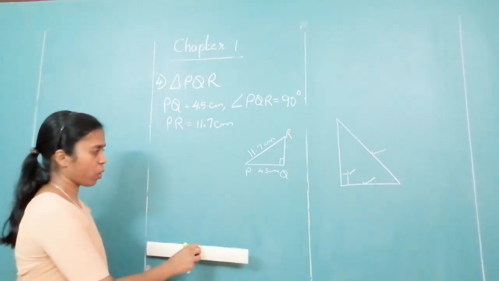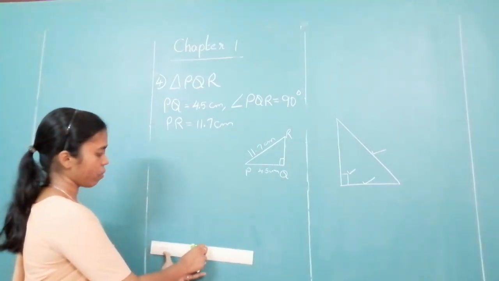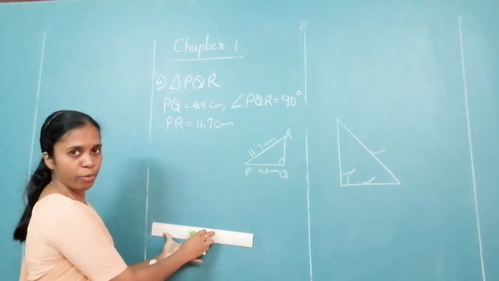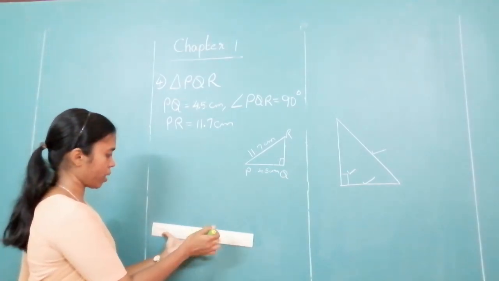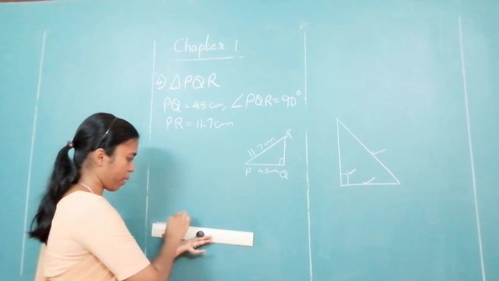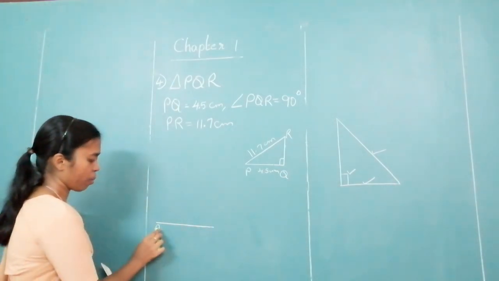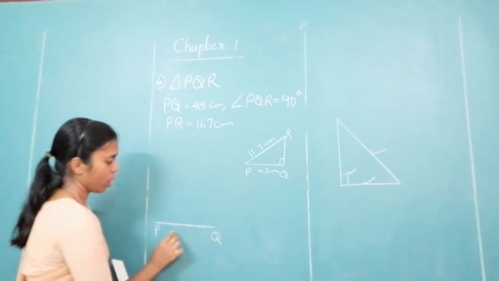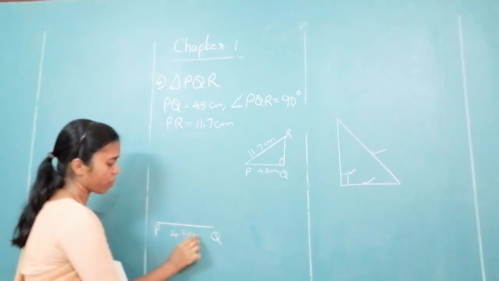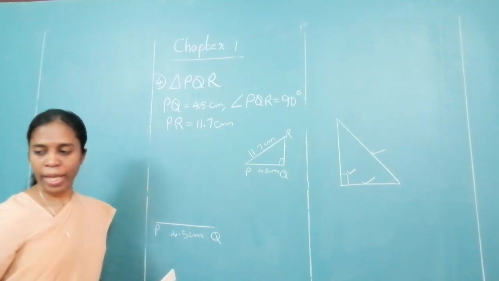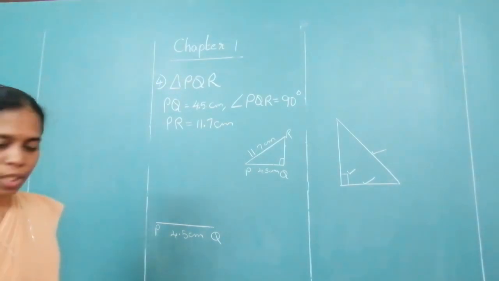Now let me draw the diagram. I have a 4.5 centimeter base, so I am drawing it 4.5. Name it PQ, that is 4.5 centimeter. Now angle Q is 90 degree.